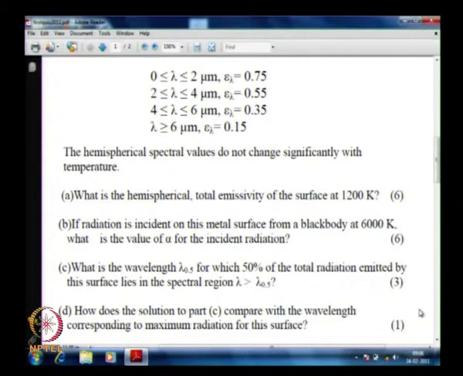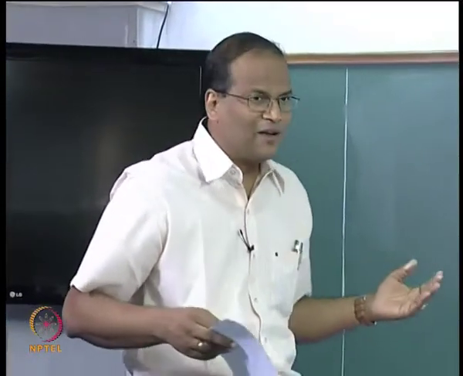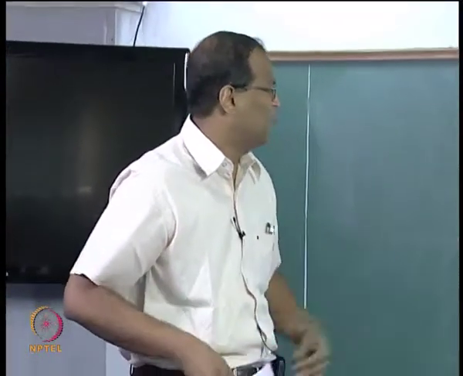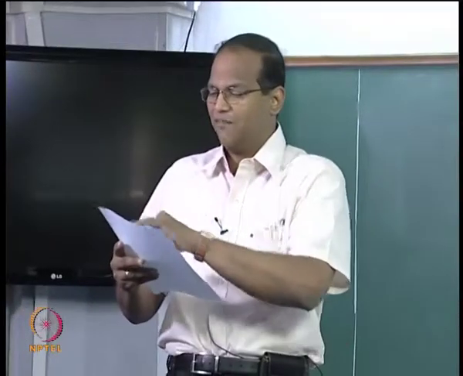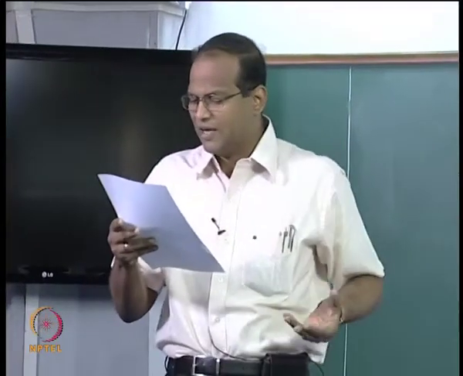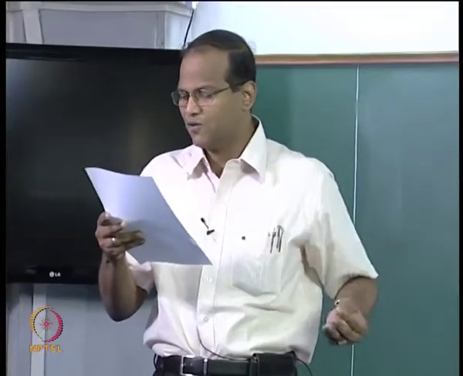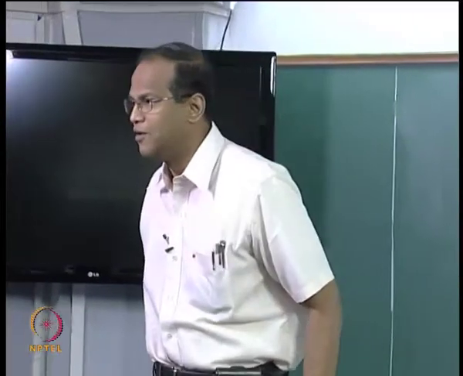Now, all of you have this F function chart. So when I asked what is the wavelength for which 50% of the radiation is emitted, all of you thought that you must go to the last column, column number 5, and find the black body fraction where it is 0.5. It is not 0.5 exactly. At 4000 micrometer Kelvin it is 0.48, at 4200 it is 0.516.